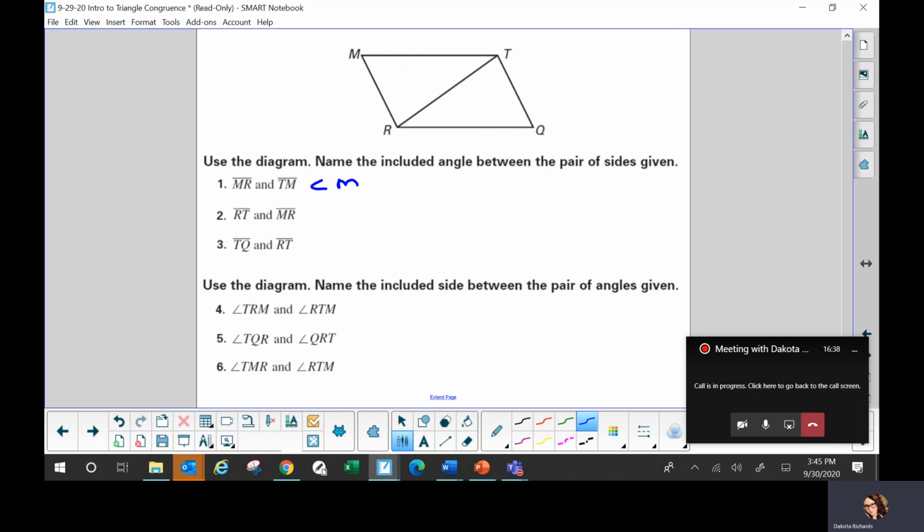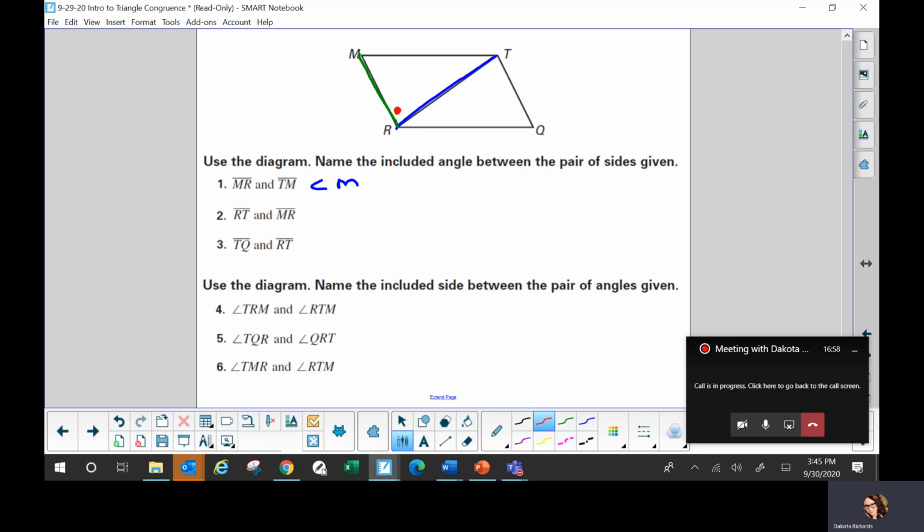Right? And then when we get to 2 and 3, you have to be very careful when you're labeling these. So you're given side RT, and you're also given side MR. Okay. So we want this angle. Okay. And R is the vertex of several different angles.